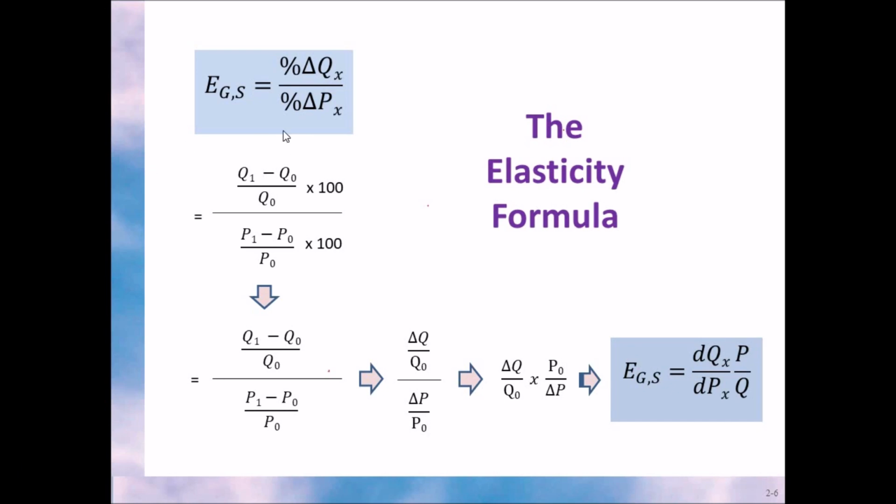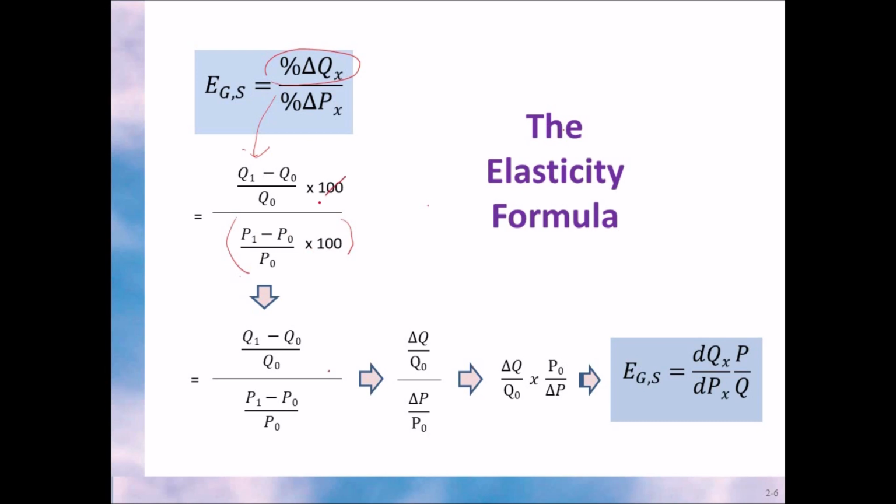Right, so the first formula is percentage change in Q over percentage change in P. If we expand this formula, this percentage change in Q can be written as Q1 minus Q0 divided by Q0 multiplied by 100, and percentage change in P is P1 minus P0 divided by P0 multiplied by 100.